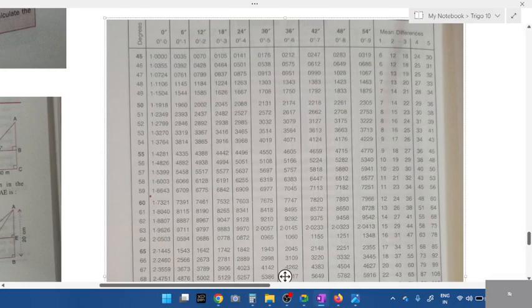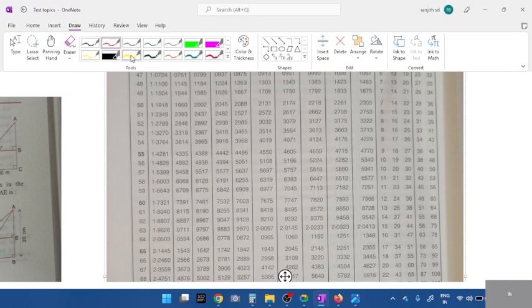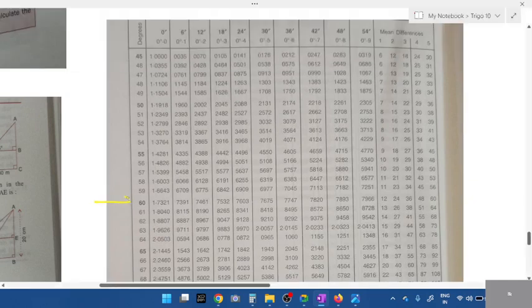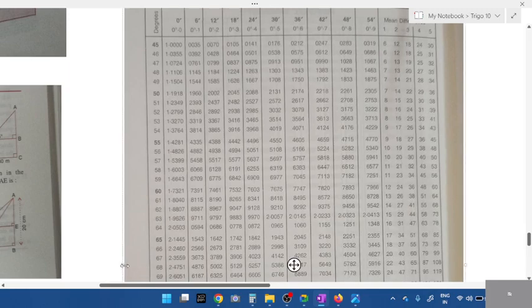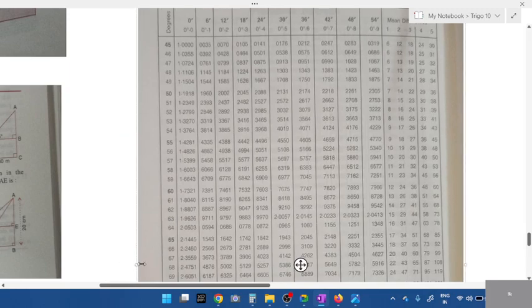What's the answer for 60 degrees? No, not 60, right? 68 degrees. All of you check the first column, 68 degrees. What's the answer, students? 2.4751. First column value. We need to take the first column.